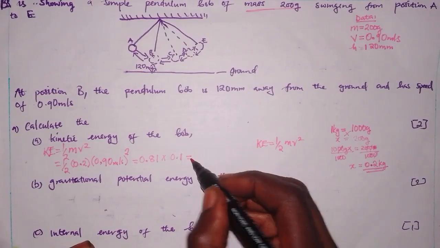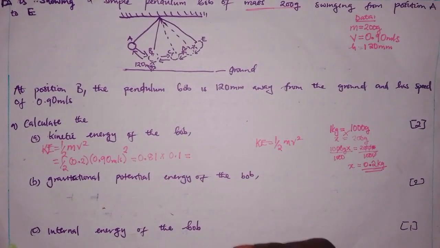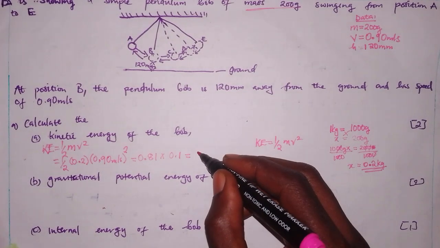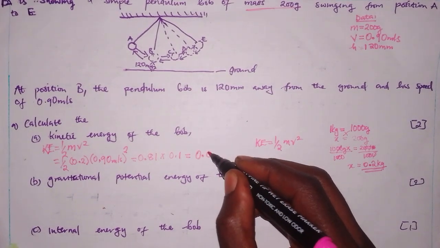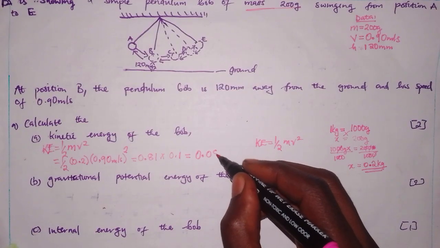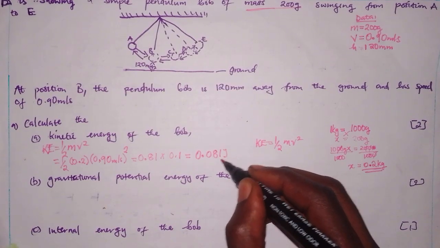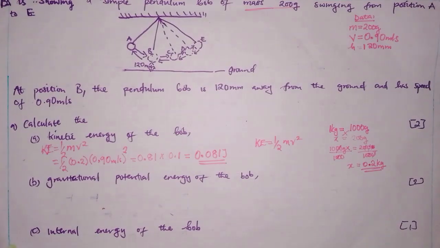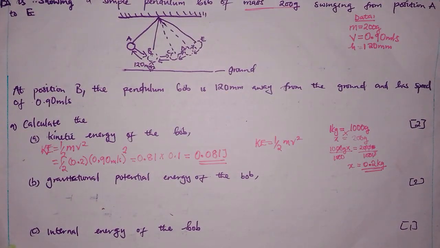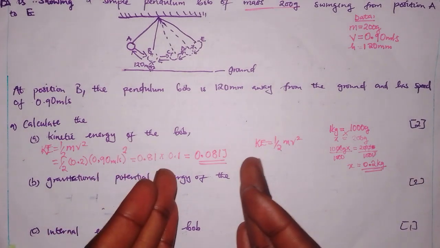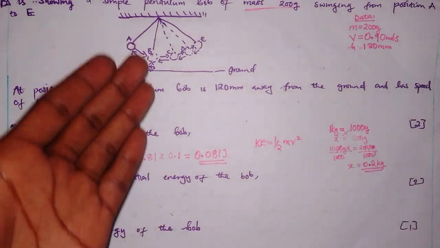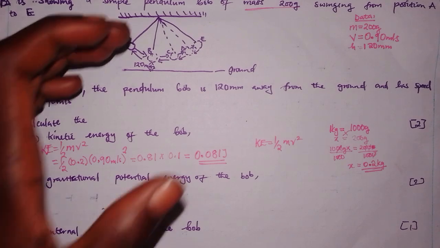Then if you punch this on the calculator, you find that your answer is 0.081 joules as our kinetic energy. So this was the kinetic energy the bulb had at position B.